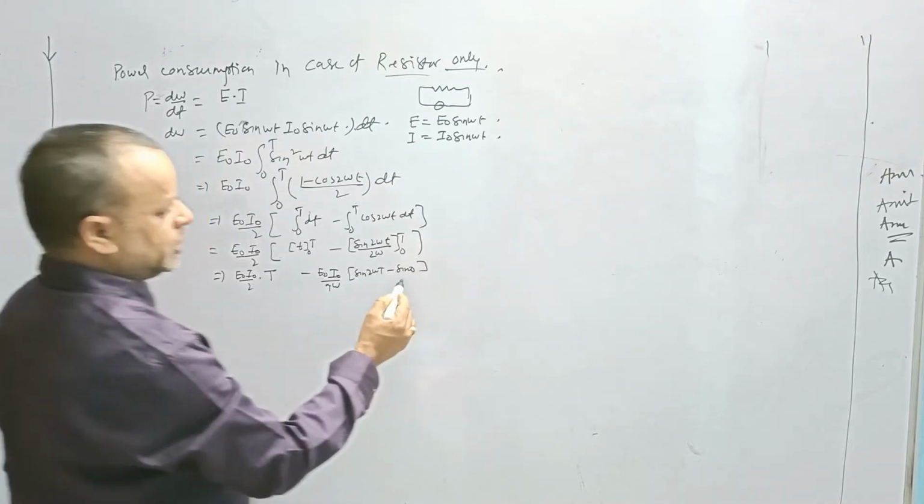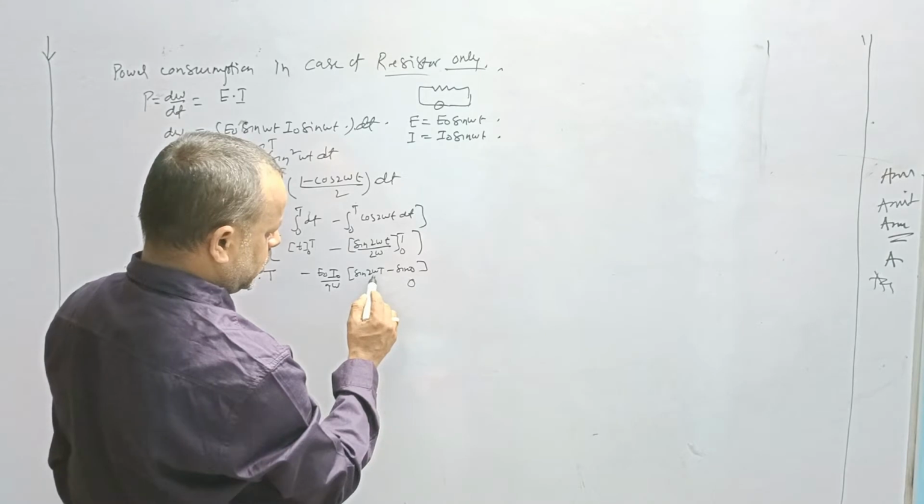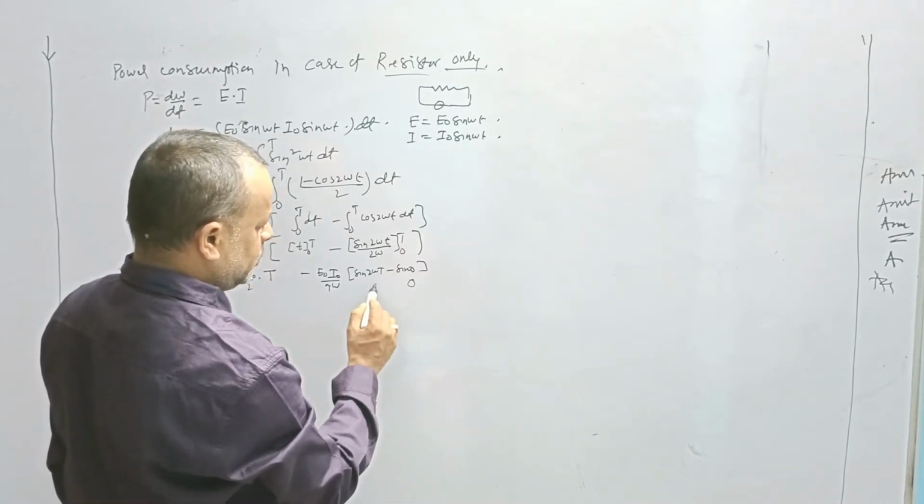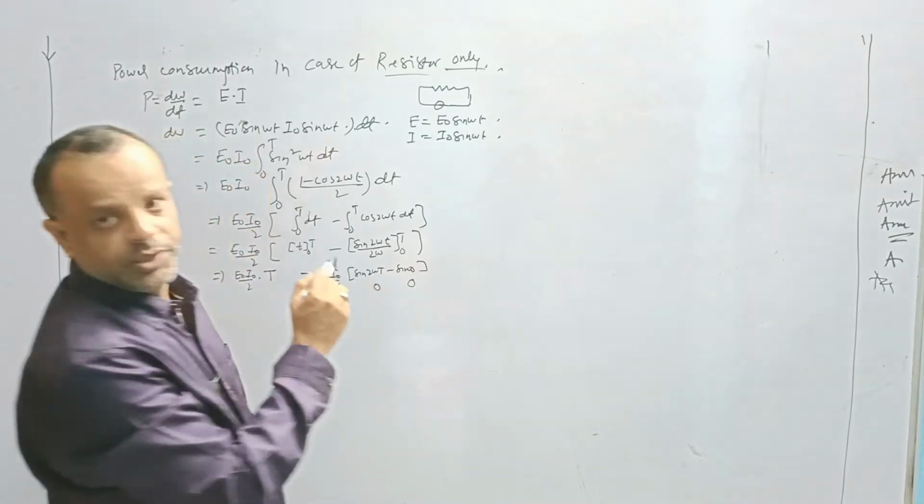Sin 0 is 0, and omega T is 2 pi, so this is sin 4 pi, and we know the sine of n pi is 0, so the whole of this is going to be 0.